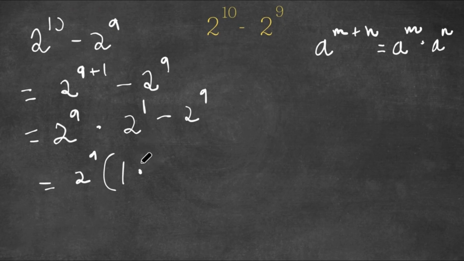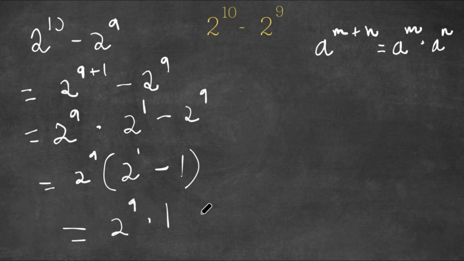And then I have 2 to the power of 9 times 2 to the power of 1 divided by 2 to the power of 9, which is simply 2 to the power of 1, minus 2 to the power of 9 divided by 2 to the power of 9, which is 1. And now this is equal to 2 to the power of 1 minus 1, which is simply 1. So I have 2 to the power of 9 times 1, and anything times 1 is itself, so 2 to the power of 9.